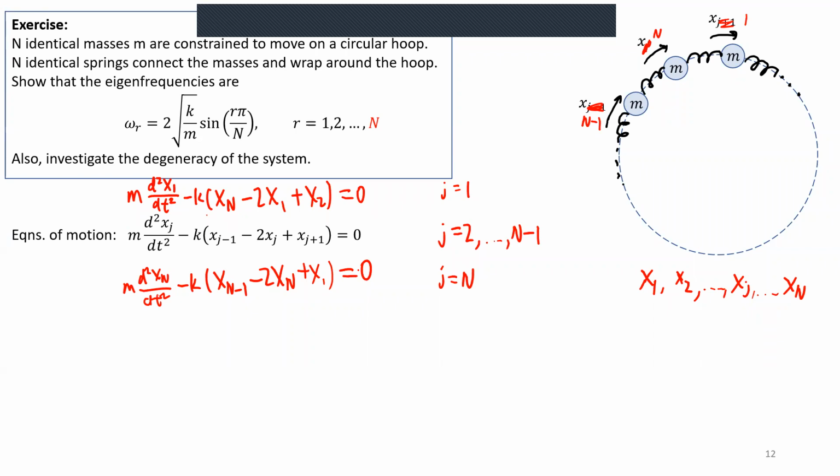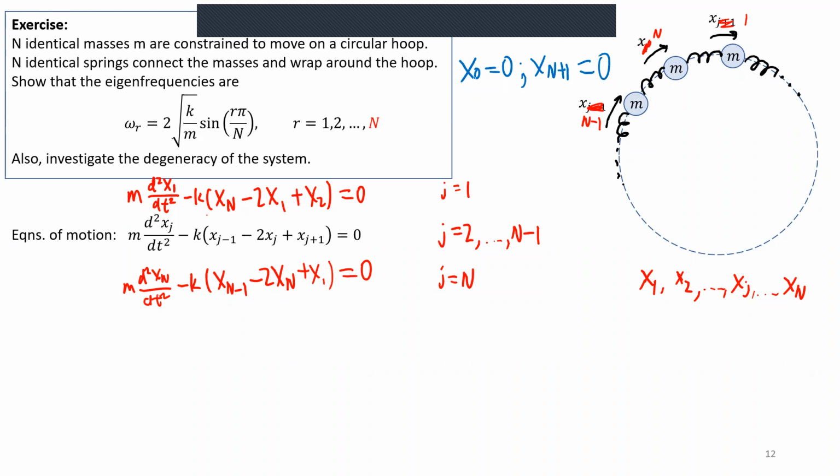So then what are the boundary conditions that we need in this case now? In the previous example where we have the linear chain, the boundary condition that we were imposing is x0 equals 0, and then xn plus 1 equals 0.